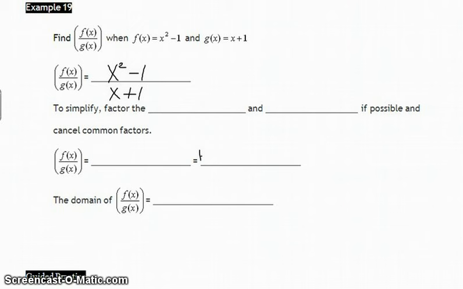So we need to factor the numerator and the denominator of each of those if we can, and cancel factors. Looking at my numerator, x squared minus 1, I notice that it is the difference between two squares. So my numerator is going to be the square root of that first term as the lead in both binomials, plus 1, minus 1 on those second terms.